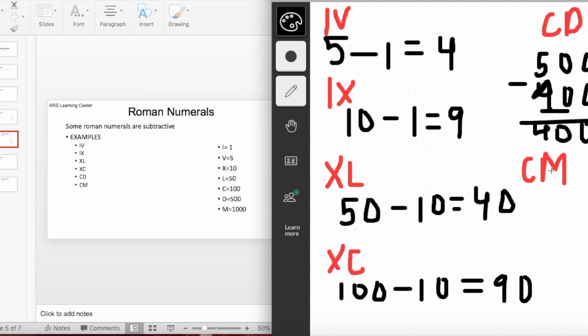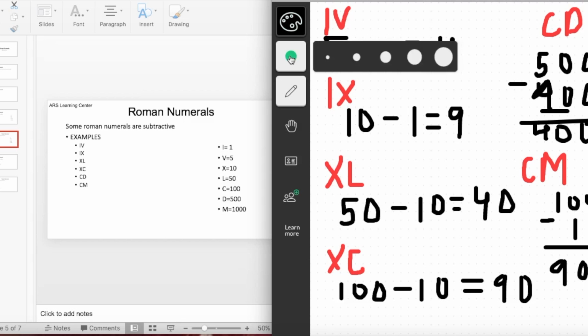Lastly, we have CM, where M stands for 1,000 and C stands for 100. We have 1,000 minus 100, which is 900.